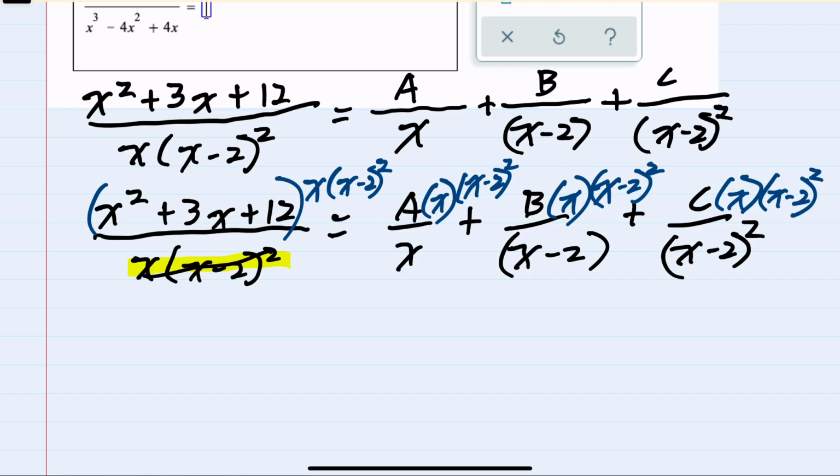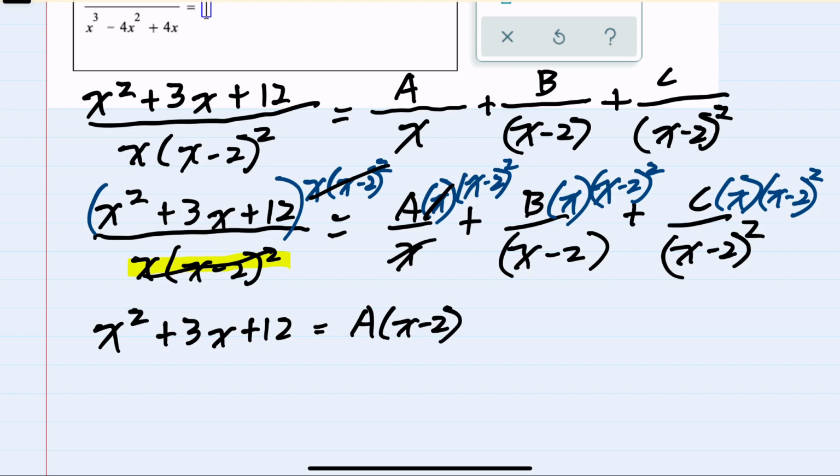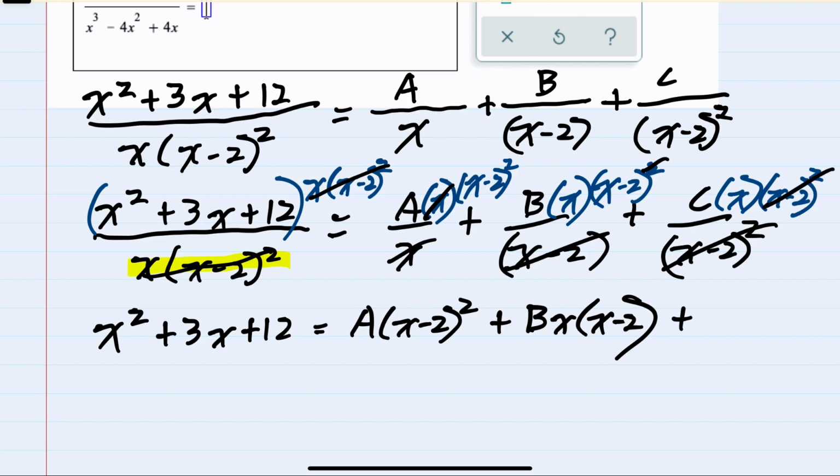So on the left-hand side, everything cancels, leaving me with just x squared plus 3x plus 12. On the right-hand side, the x's cancel, leaving me A times (x minus 2) squared. And then one of these x minus 2's cancel, leaving me with Bx times (x minus 2). And then in our last term, the (x minus 2) squareds cancel, leaving me with C times x.